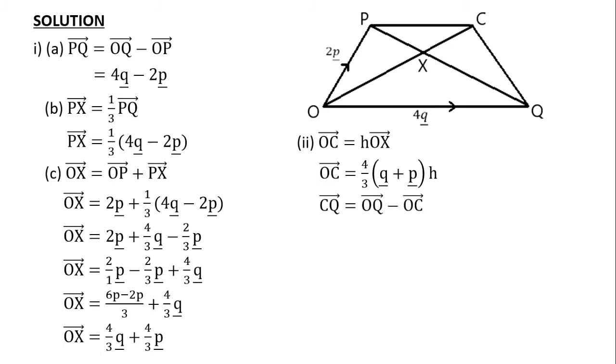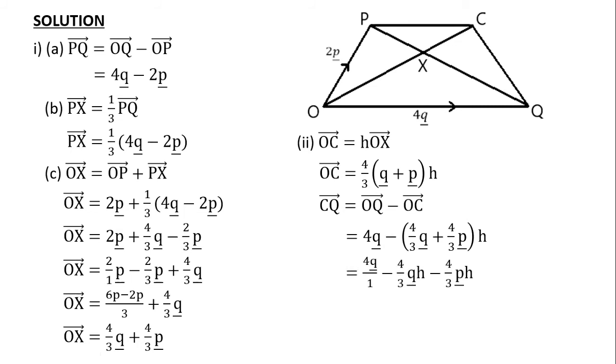Then the question is saying find vector CQ. Vector CQ is equal to vector OQ minus vector OC. So where there's vector OQ, we are going to replace it with 4Q. Where there's vector OC, we'll replace it with H times 4 over 3Q plus 4 over 3P. Then from here, we are going to group the like terms together.